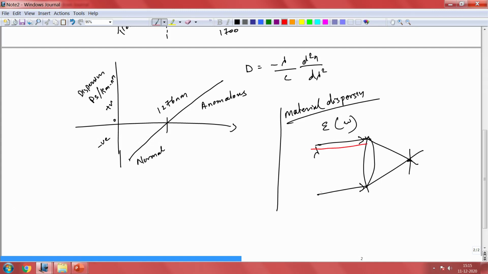So, I have red light coming in, right, and it will actually focus at a slightly longer position, the focal point is going to be slightly longer compared to a blue photon that comes through here, and that will be focused nearer.